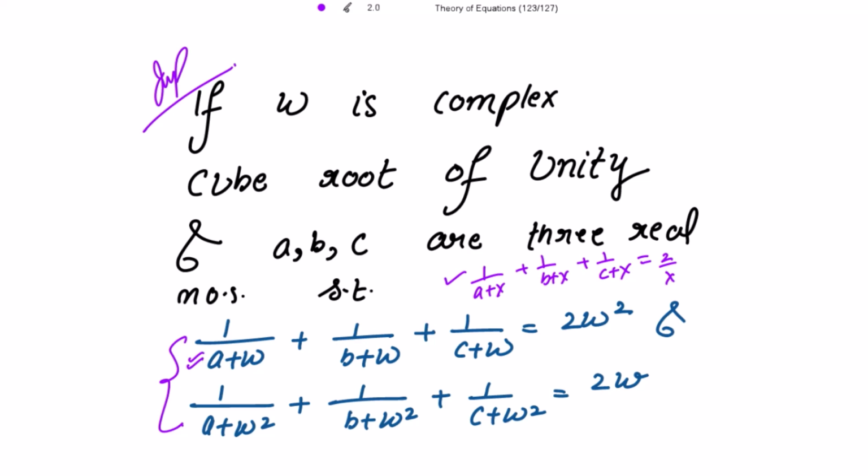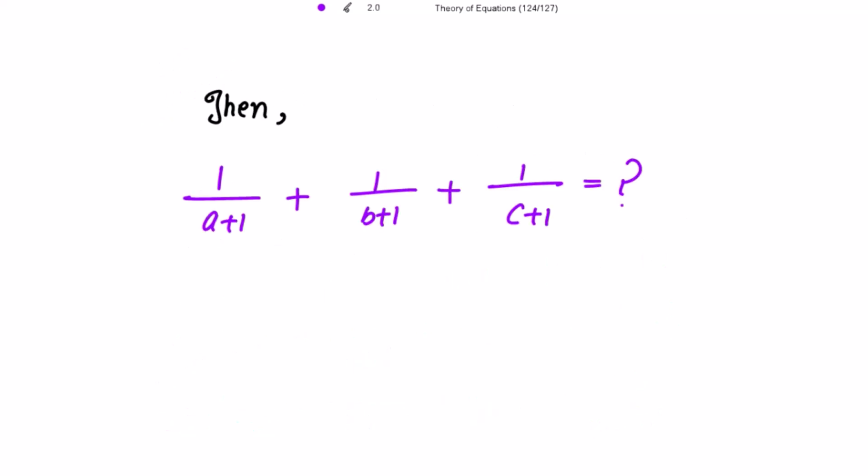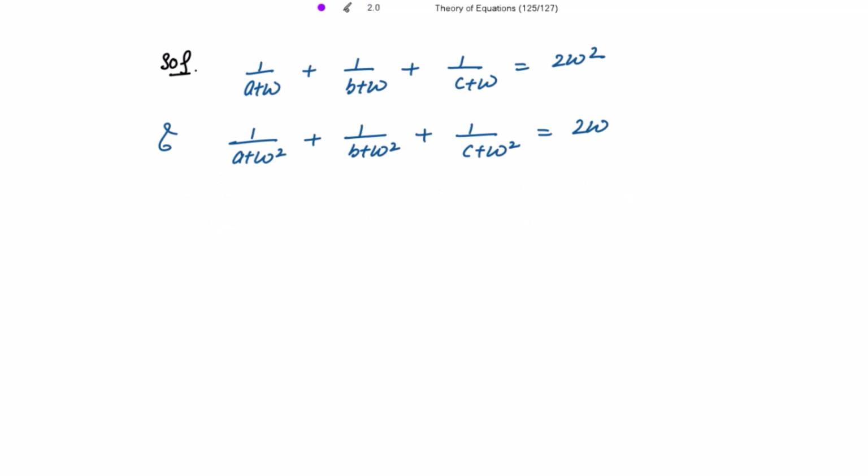If I put omega square in this equation, I get the second equation. As we know, omega square is 1 divided by omega. Then we need to find 1 divided by a plus 1 plus 1 divided by b plus 1 plus 1 divided by c plus 1 equals what? So these are the two equations given to us.